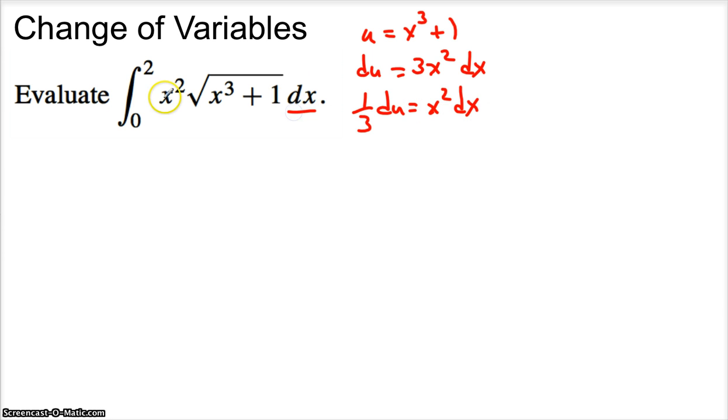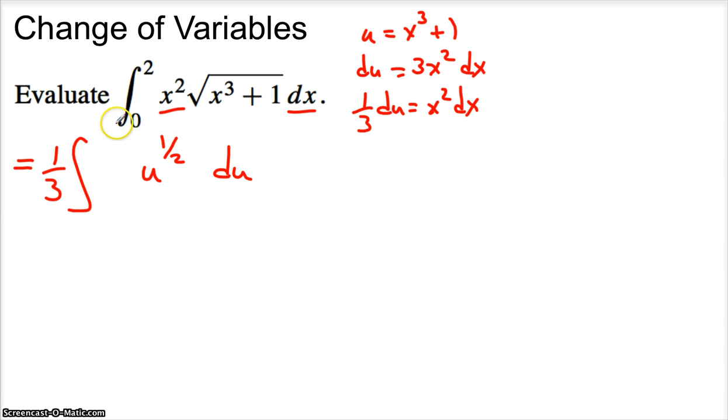We have the dx here, and we have the x squared here, so I can make my substitution be 1/3 du. The x cubed plus 1 is equal to u, so I'll change this to square root of u. Square root of u I'll rewrite as u to the half.